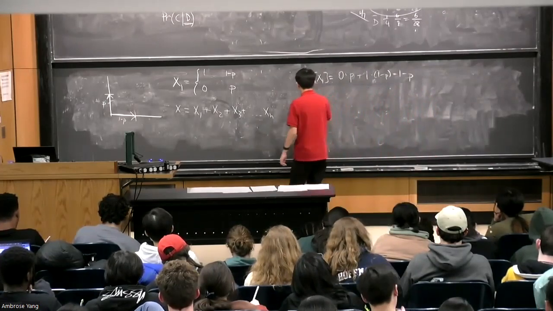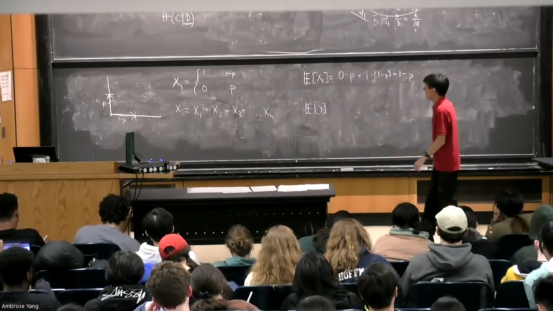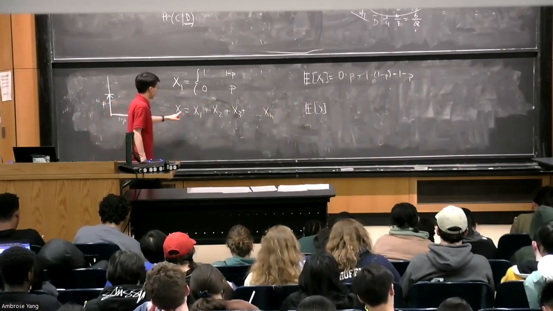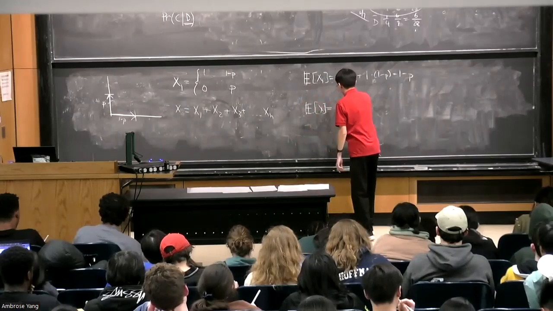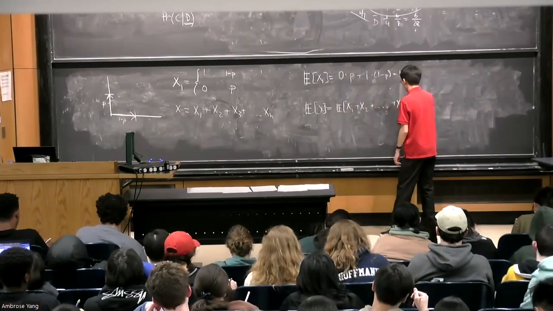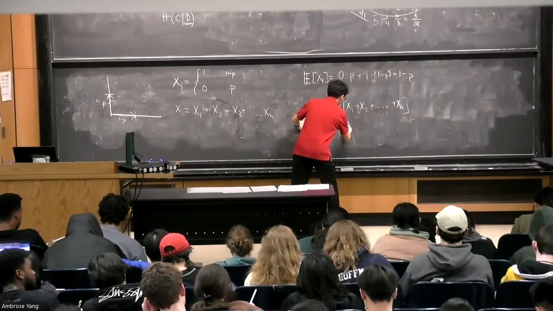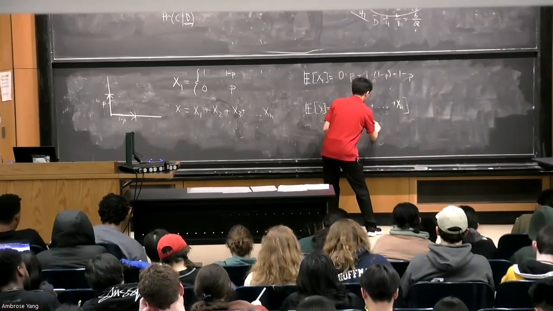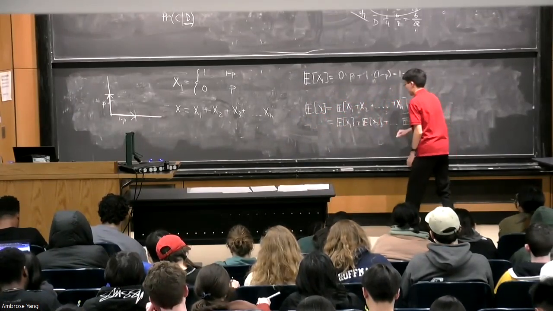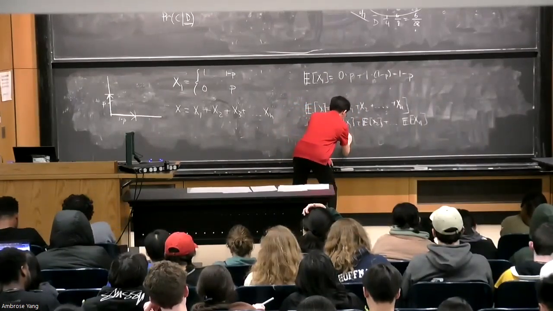Now, what's E of x here? x is just the sum of x1, x2, up to xn. By linearity of expectation, I can split this up: E of x1, E of x2, up to E of xn. Each of these is 1 minus p. There are n of them, so you get n times 1 minus p.